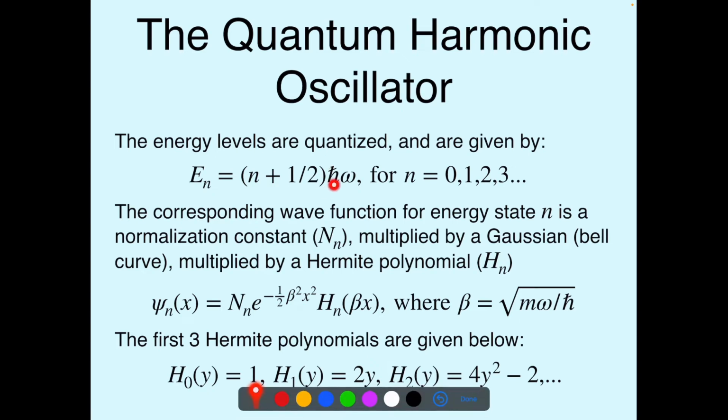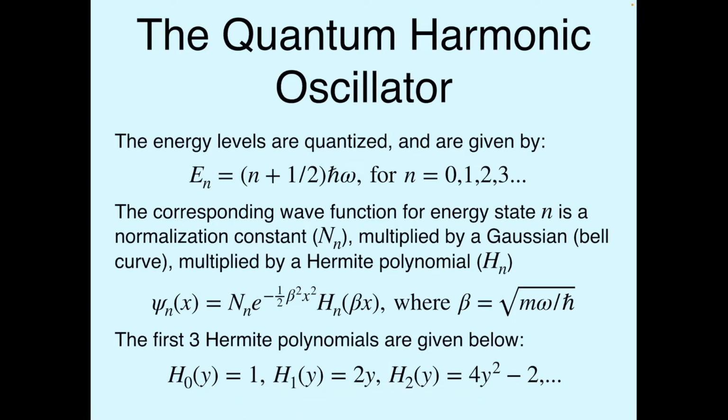Now, of course, h bar, that's the reduced value of Planck's constant, and omega is the frequency that our system oscillates at. So the energy is dependent on the frequency that the system oscillates at. And because this is all multiplied by n plus 1/2, that means the energy levels are quantized. The quantum harmonic oscillator can't just take on any energy value. It can only take on discrete energy values. So we're seeing that come into play once again.